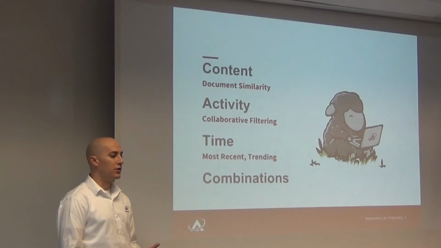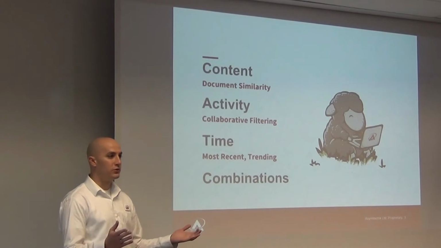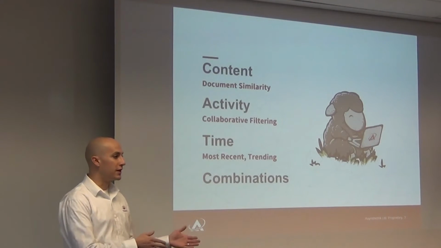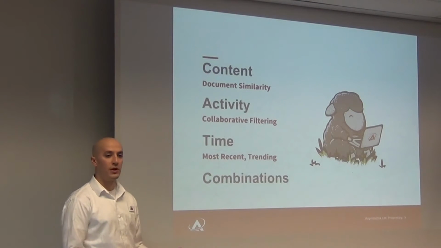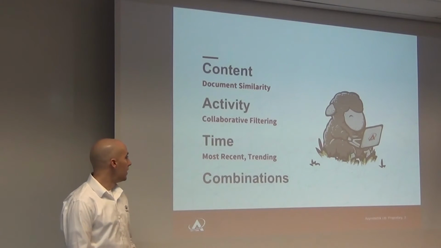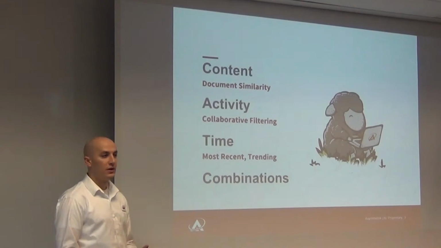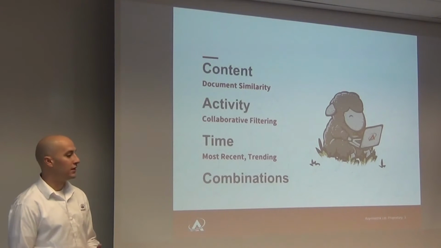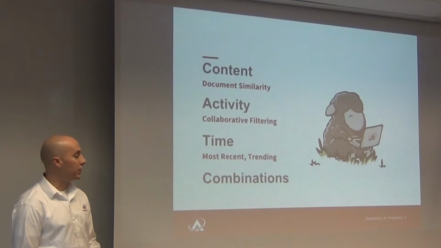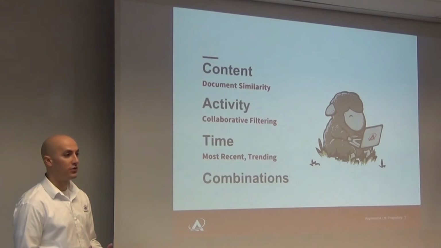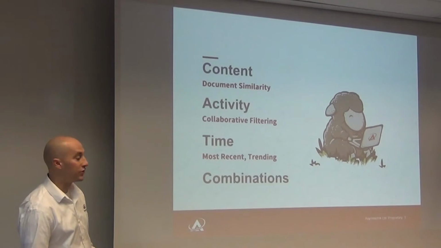If we've all used Amazon, this is the "you may also like," based on what you've bought before, what other people have bought or viewed. Other types of recommendations could be based on time, like Twitter's most recently trending, or most recently sent out, and then any combinations of those. The combinations are the key to making it all work, but really it's whatever works for your application or whatever type of data you're trying to present.